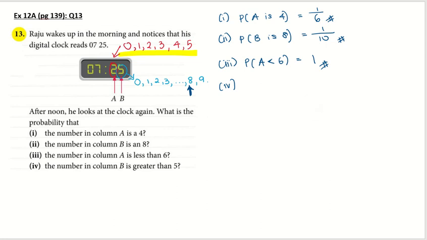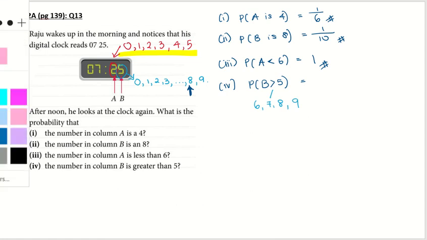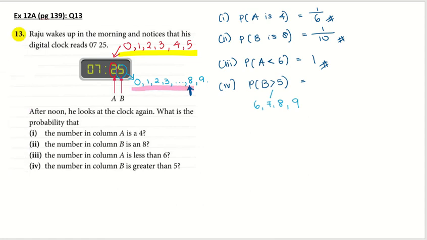Part 4, number in column B greater than 5. So the probability that the value for B is greater than 5. Greater than 5 simply means, can I take 5? No, strictly more than 5, right? So that would give me 6, 7, 8, and 9, because I know B can go from 0 to 9 here, correct?